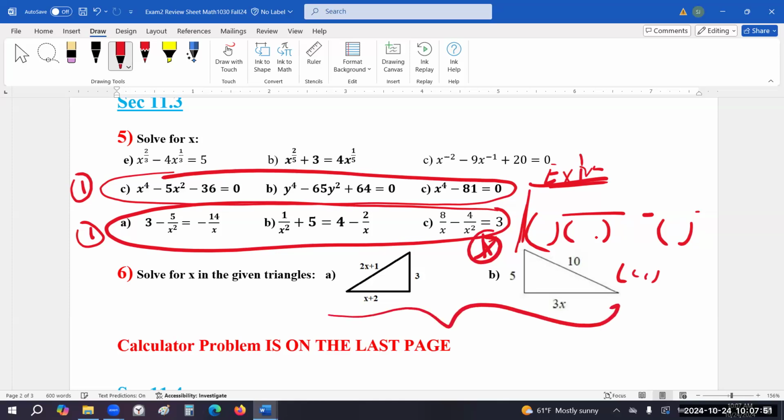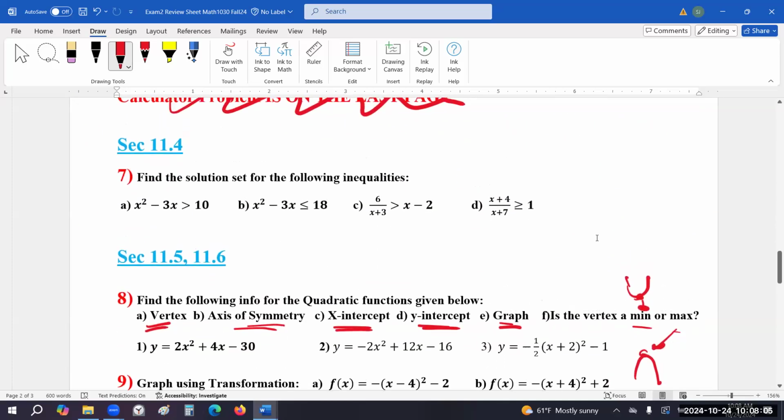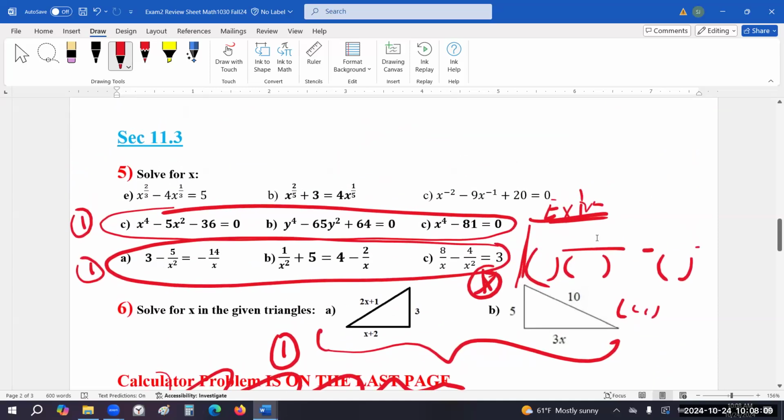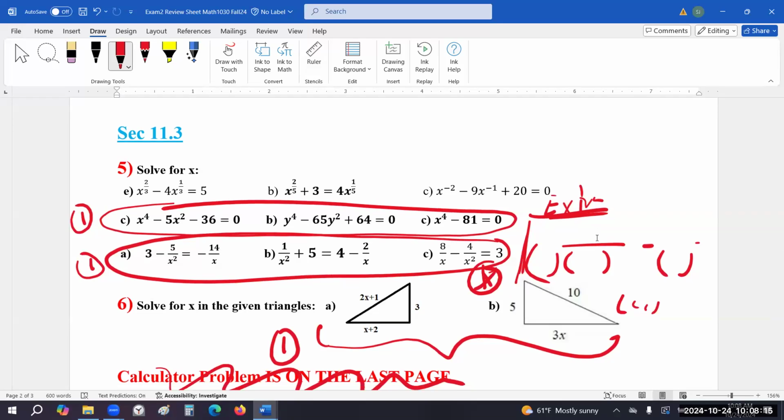From these 2 triangles, there'll be 1. Solving 1 triangle. There will be no calculator question. So in this exam, you don't need any calculator. So I'm going to show you the extra credit.